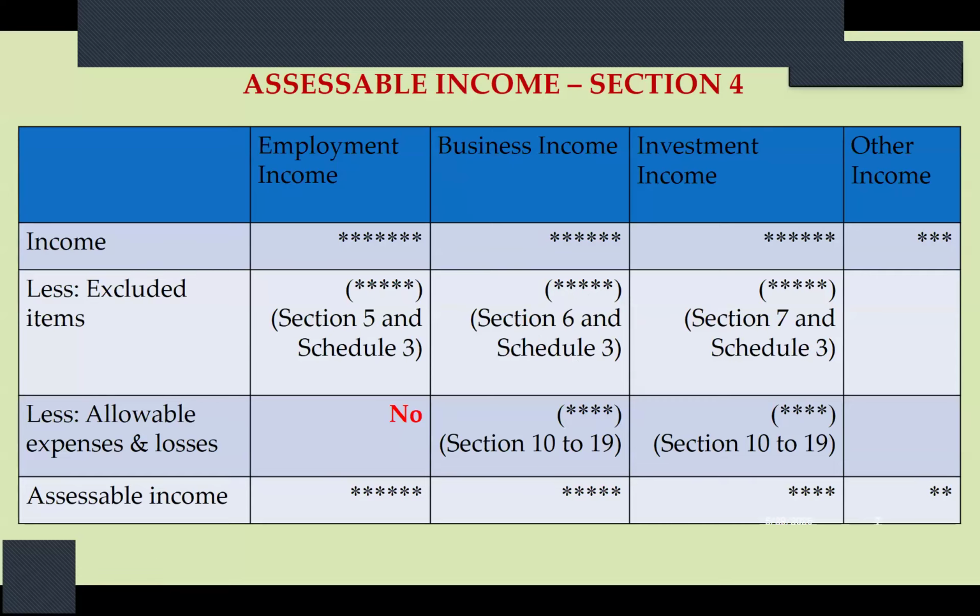In those excluded items, exempt amounts are also included. Under Schedule 3, you can deduct excluded exempt items. Total income minus excluded items and exempt amounts. That means the balance is the liable income.